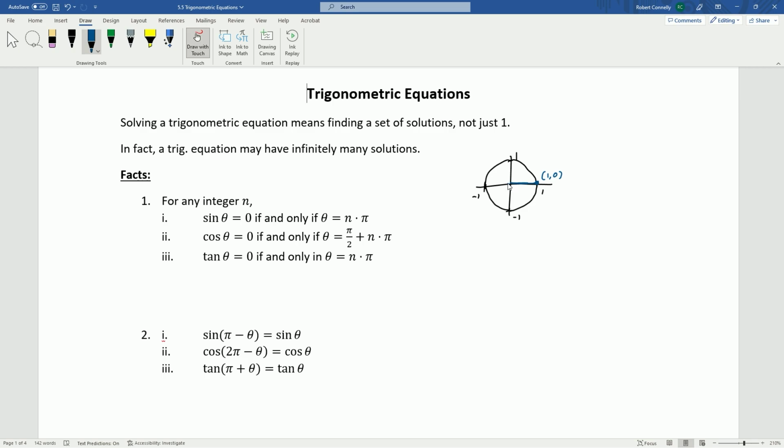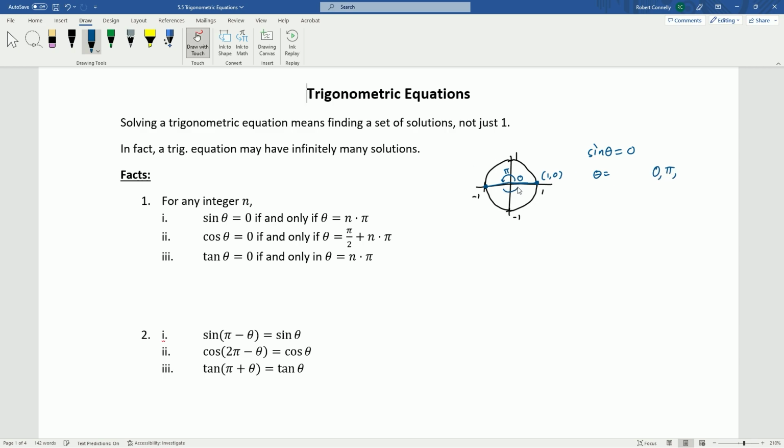And that's going to be the angle 0 and the angle pi. So sine of theta equals 0 when theta is 0 or pi.